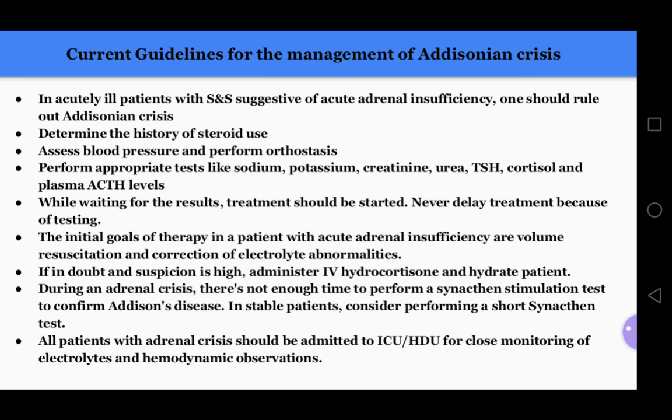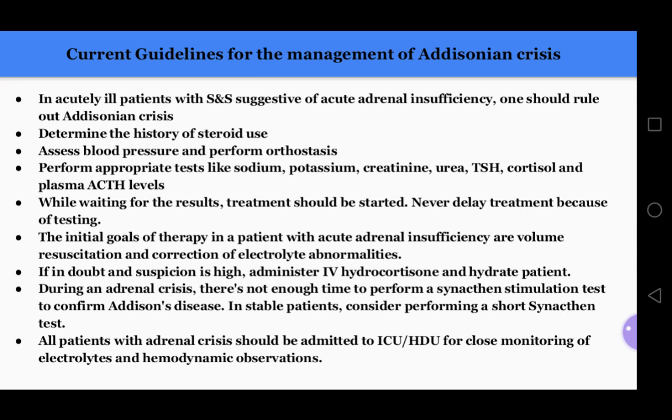Now coming to current guidelines for the management of Addisonian crisis, in an acutely ill patient with signs and symptoms suggestive of acute adrenal insufficiency, one should rule out Addisonian crisis, determine the history of steroid use, assess blood pressure, and perform orthostatic measurements, lying, sitting, and standing blood pressure, perform appropriate tests like sodium, potassium, creatinine, urea, TSH, cortisol, and plasma ACTH level.